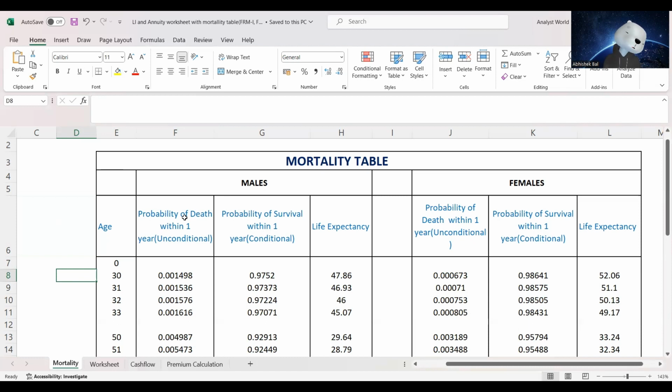They do produce these columns, but I do not think that you will see the words unconditional and conditional there. Now, this makes all the difference, because unless you have a good understanding of what is meant by unconditional and conditional, I do not think that you will be doing justice to calculating the premium. So let's understand this from a holistic perspective.